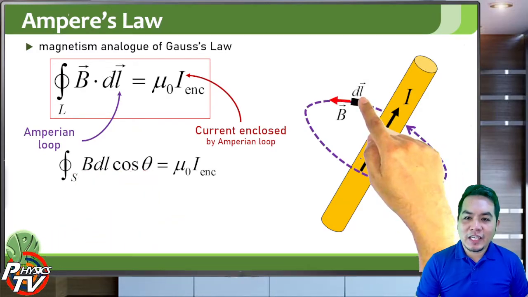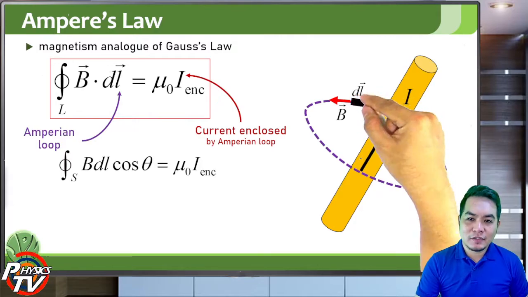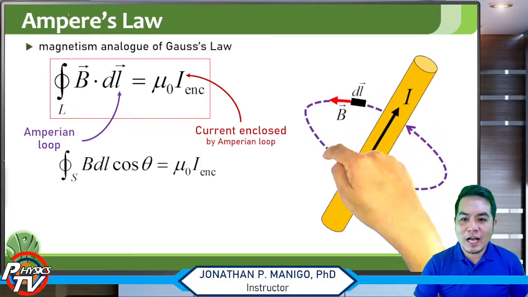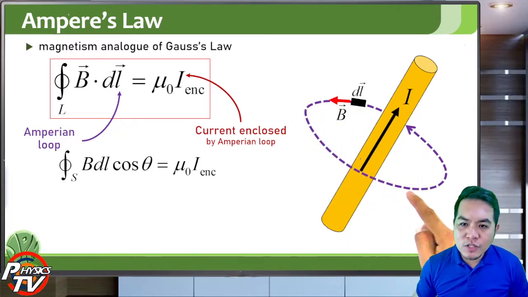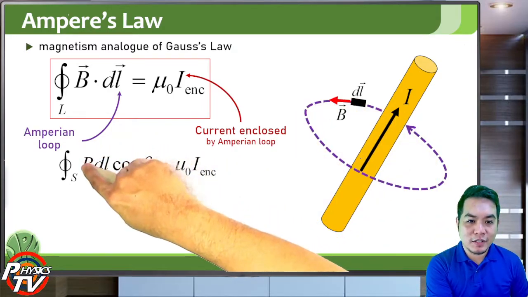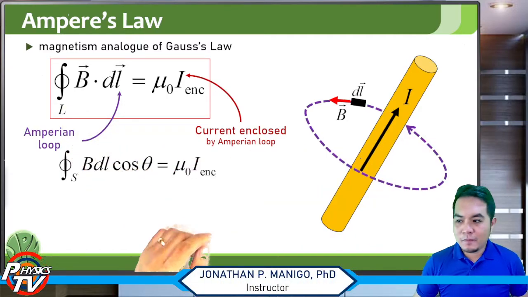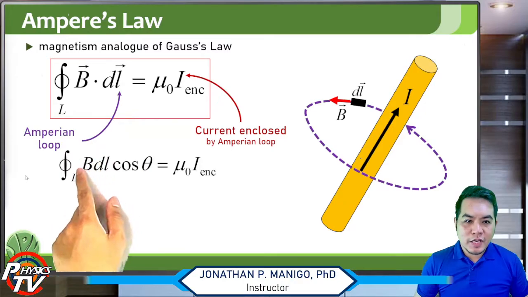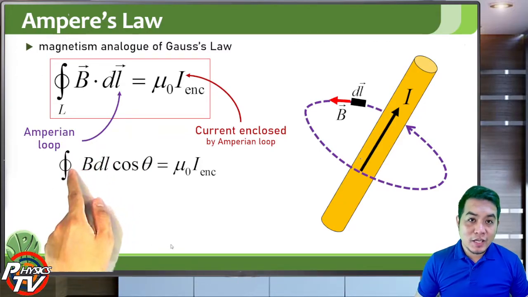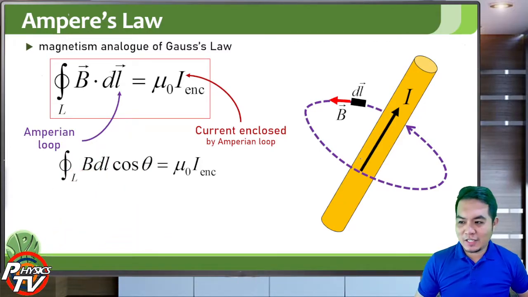This is our dl here, the differential line length along the loop. You need to integrate along the closed loop. That's what this circle here means. The circle means you need to take the closed line integral.